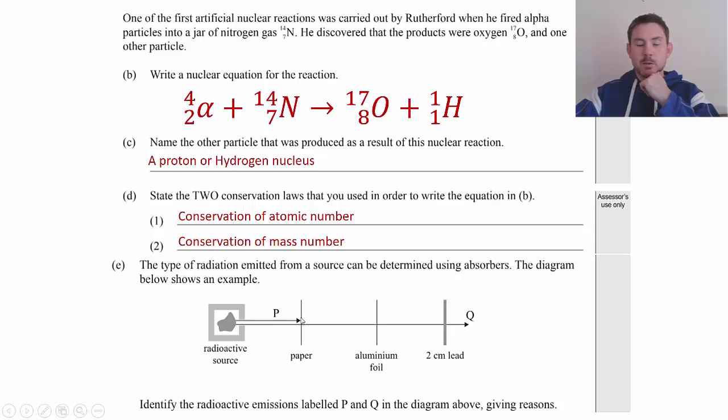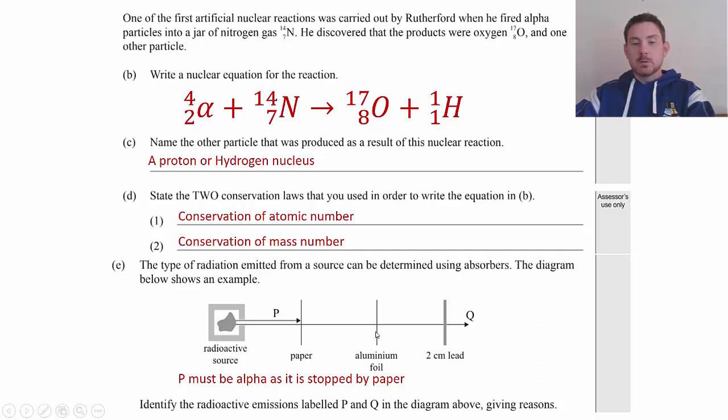So whatever P is, it's being stopped by paper. And you should know that alpha radiation has a relatively weak penetrating power and would not penetrate paper. The alpha particles would be ionized on contact with the paper and would not move beyond the paper. So we should know from that that P is an alpha particle, or alpha radiation, as it's being stopped by the paper.